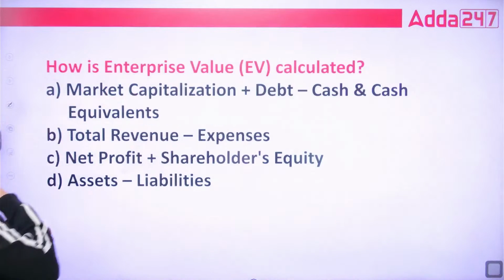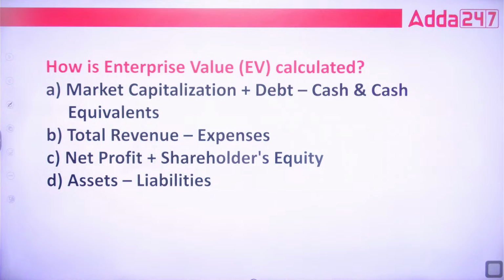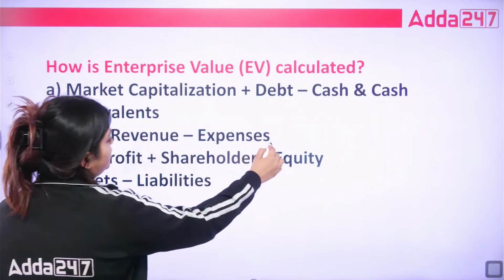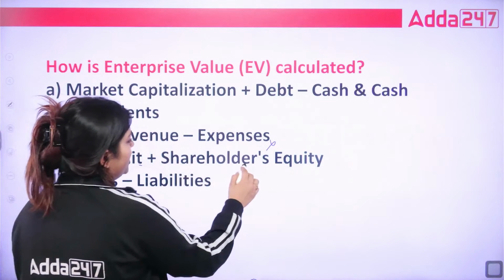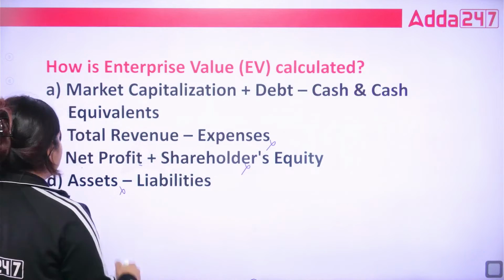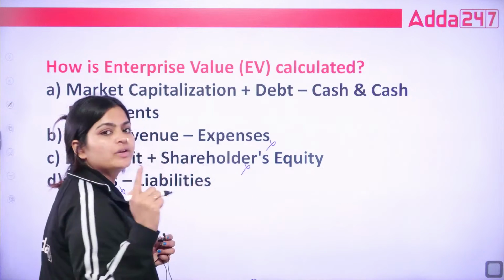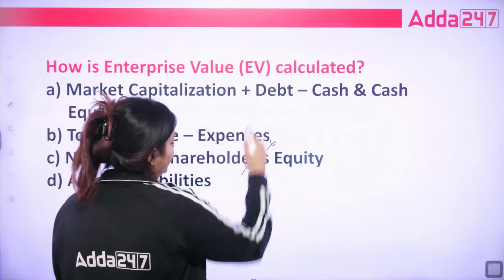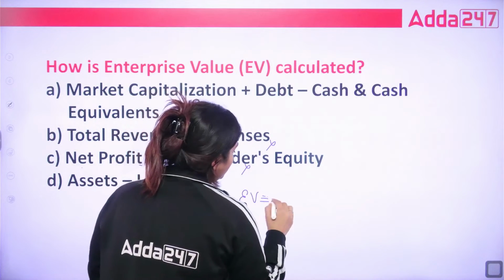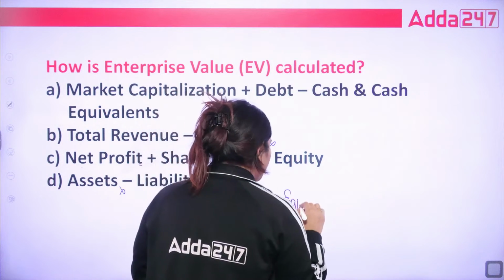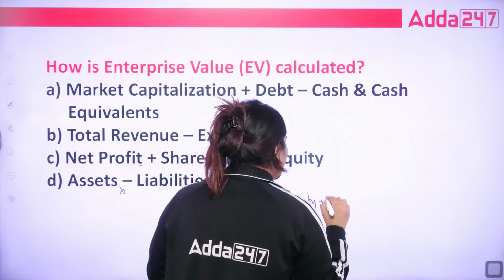Now, how is enterprise value calculated? Total revenue minus expenses, no. Net profit plus shareholders' equity, no. Assets minus liabilities, no. See how you are going to calculate your EV. Earlier I told you to add your equity part plus your debt part.